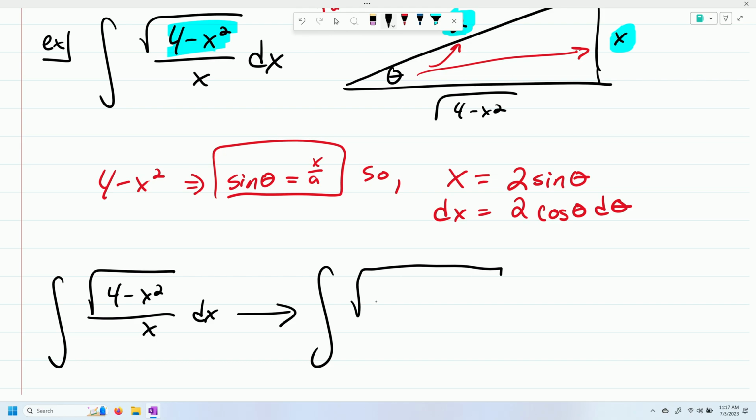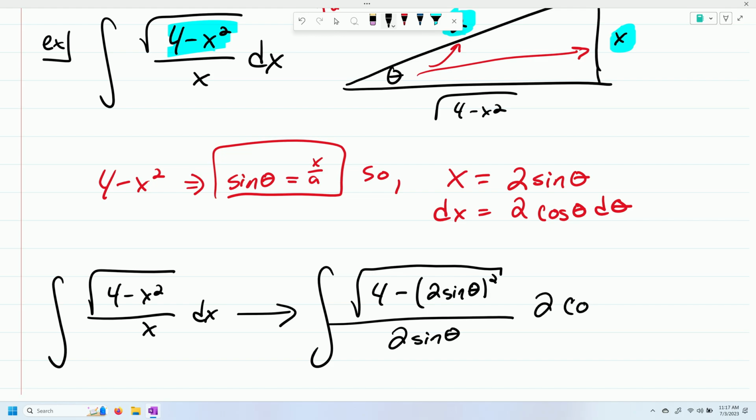So it's going to be the integral of the square root of 4 minus the quantity 2 sine theta squared, all divided by, remember that denominator is the letter x, so that's going to be 2 sine theta. And dx is now 2 cosine theta d theta.